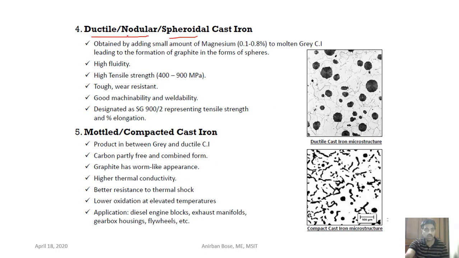In the presence of silicon, as we have seen in the case of gray cast iron, more than 1% silicon makes the graphite take the shape of flakes. In the presence of magnesium, 0.1 to 0.8%, it takes the shape of nodules or spherical shapes. You can see they have high fluidity.